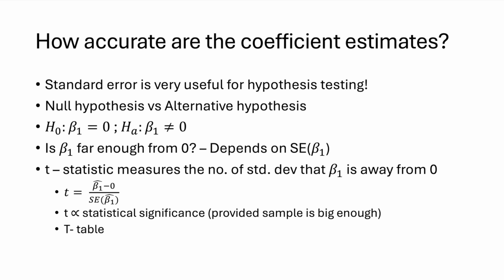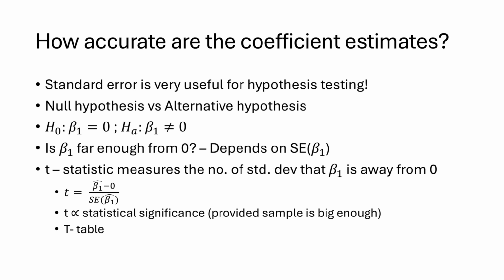You have a hypothesis, say that X affects Y, and that is your alternative hypothesis, whereas the null hypothesis is that X does not affect Y. In hypothesis testing, we often test whether the slope coefficient for X, which is beta 1, is significantly different from 0.